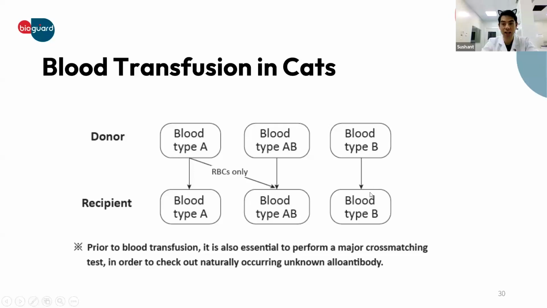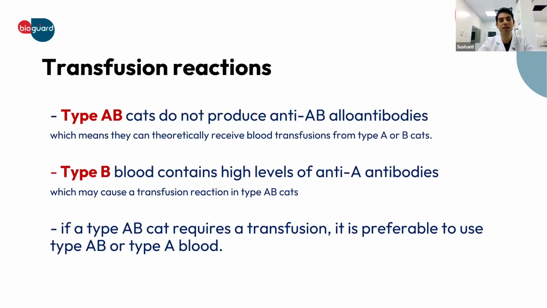Blood. So that's the reason for the blood transfusion reaction, or cross-matching before you do any kind of blood transfusions in cats. For example, take a type A cat, which does not produce any anti-AB alloantibodies naturally circulating in the blood, which means they can receive blood from type A or type B, right?